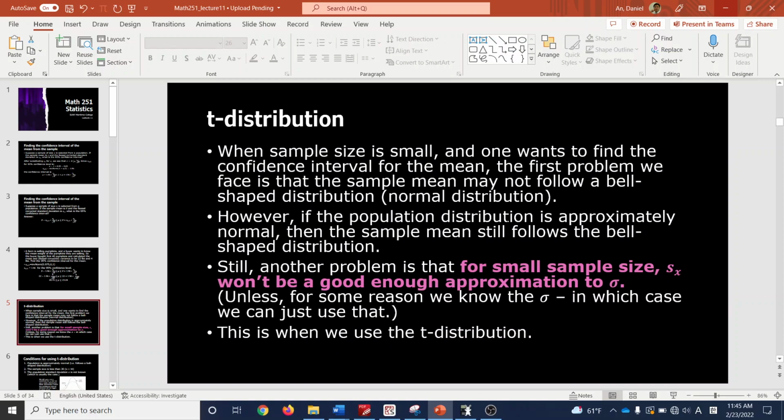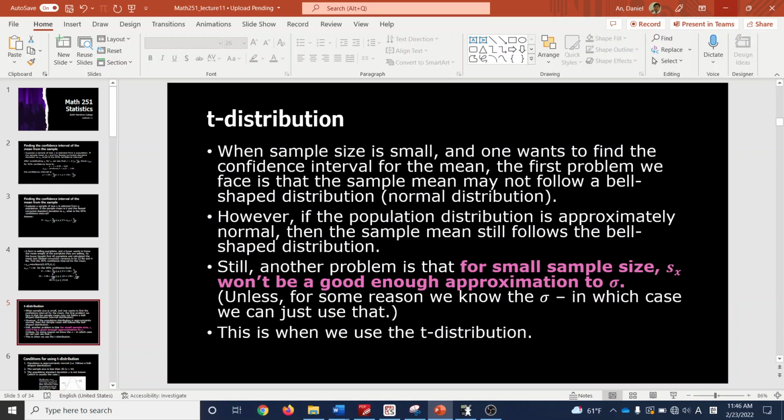So that will be our assumption in all of our estimations that we do afterwards. So we're going to assume that at least the population distribution is approximately normally distributed, so that when you take the mean values of the sample, it is very close to a normal distribution.